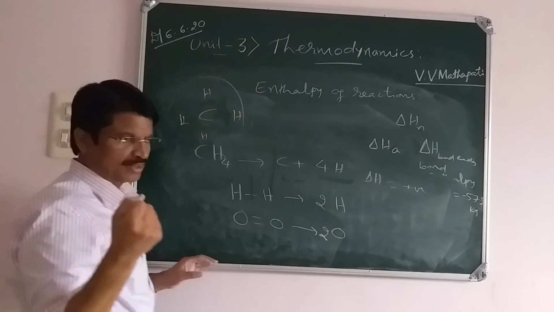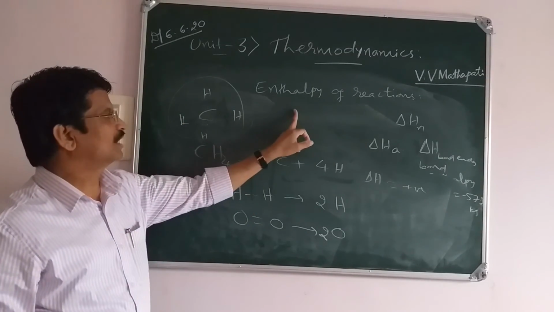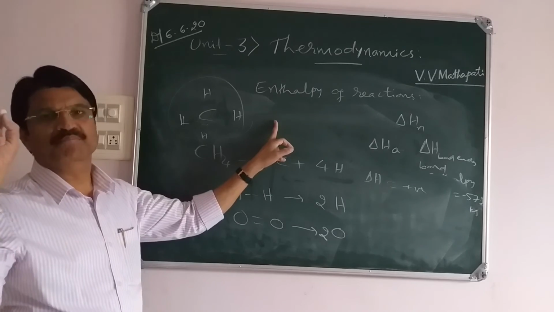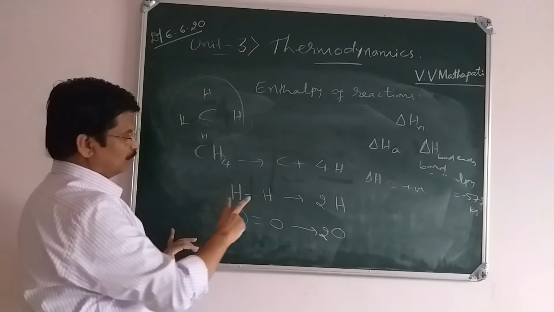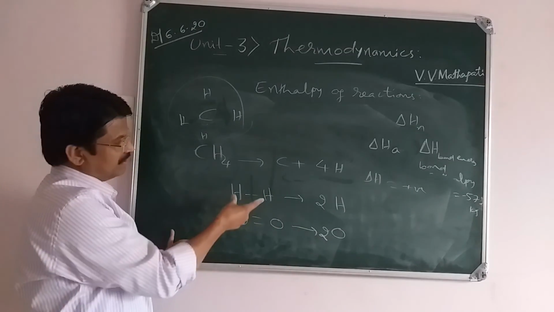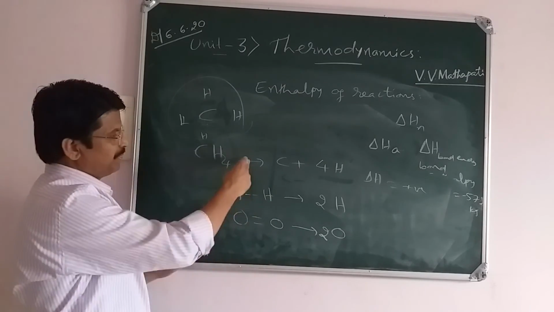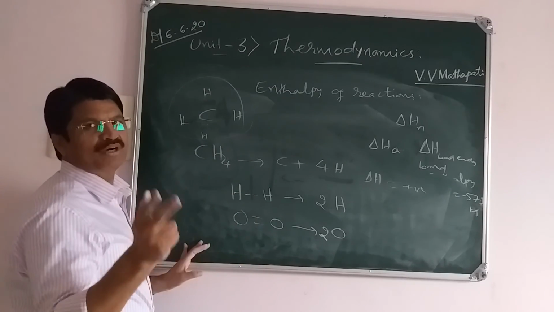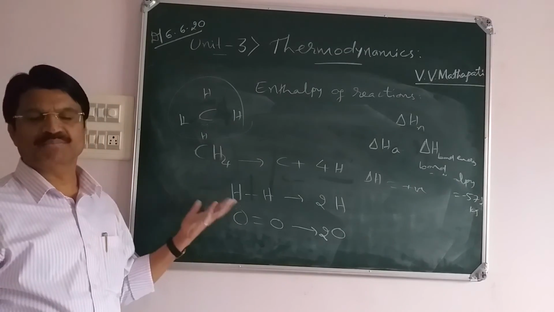If you want to calculate the average bond energy, divide the total value by 4, which gives the bond energy of C-H in methane. In the case of diatomic molecules, H2, O2, N2, etc., bond energy and bond dissociation energy are the same, and there is no mean bond enthalpy.